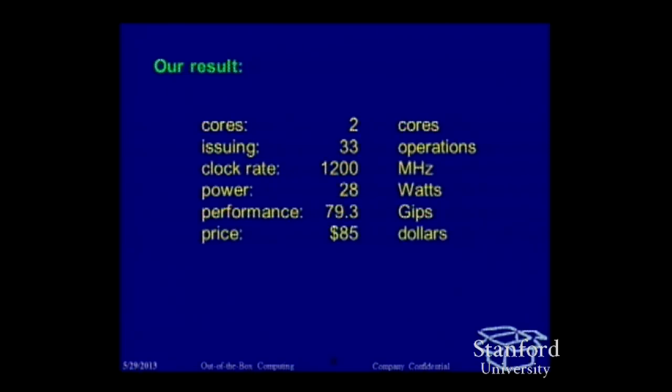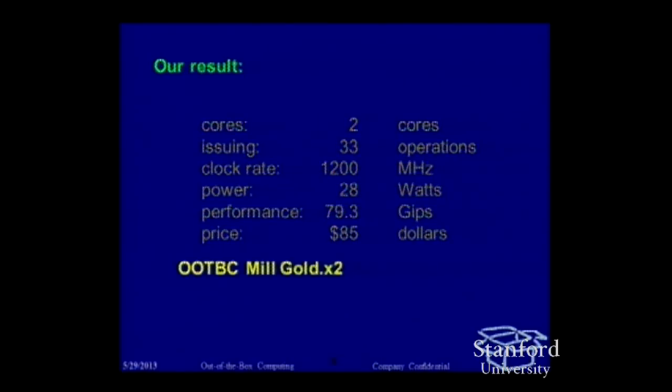And our best guess is $85, although there's a gentleman sitting over there who probably may have a difference of opinion. That's our Gold CPU architecture, one of several. I said it was a family, and in fact a dual core one. And you're getting 33 MIPS per watt per dollar out of that configuration.